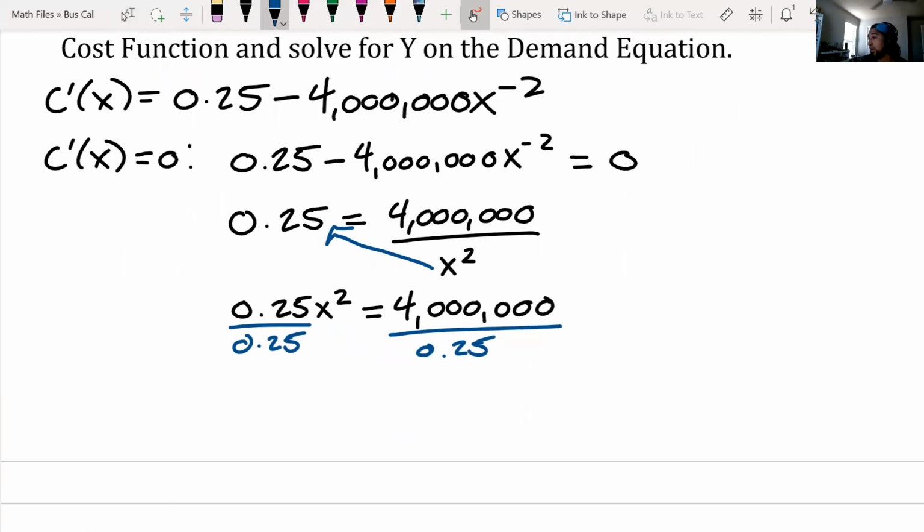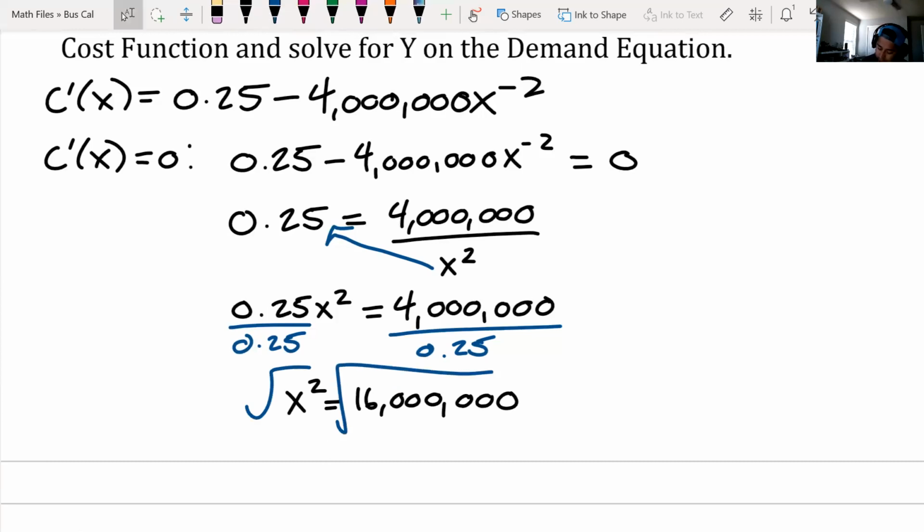And 4 million divided by 0.25 is basically 4 million divided by a fourth. So you would multiply by the reciprocal or just type it in your calculator. And this should give me 16 million. Okay. And now square root both sides.